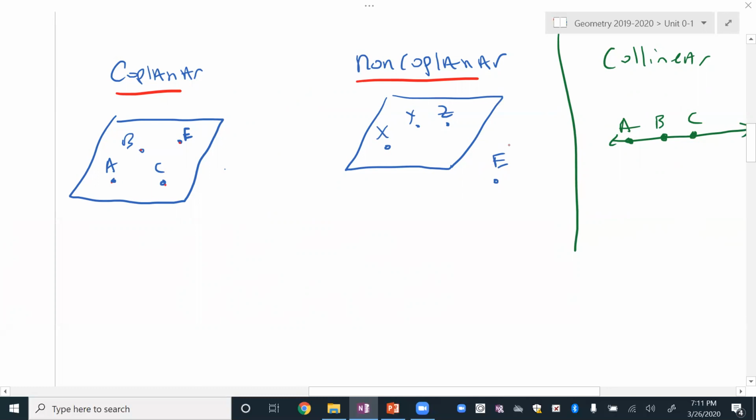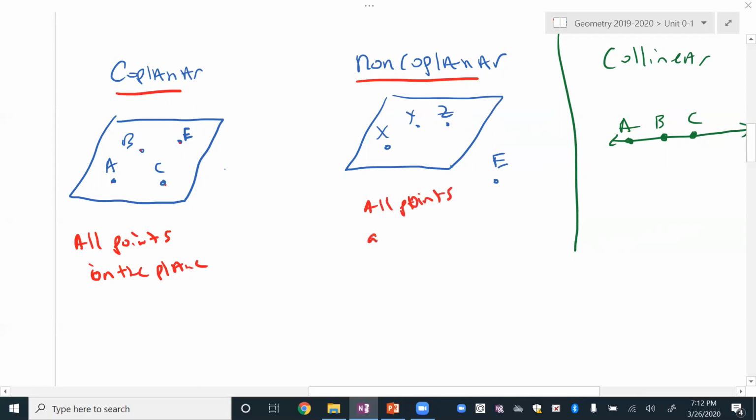So if I say, are my points X, Y, Z, E coplanar? It's going to be no, because E is not inside the box. A, B, C, E is considered coplanar, so all points are on the plane. Okay? So if I ask you, are all my points coplanar? No, all points are not on the plane.